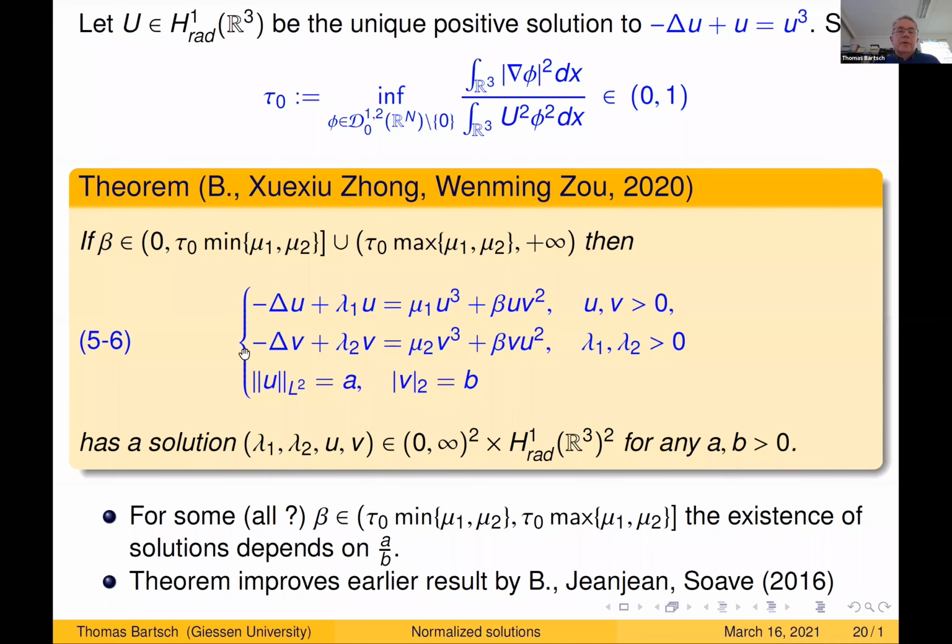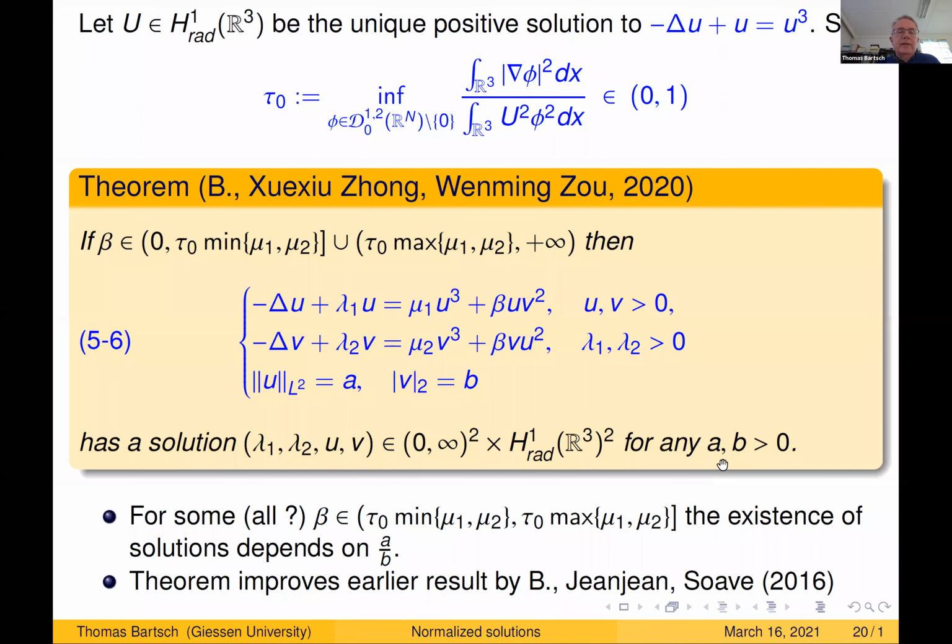And then we want to solve our problem with lambda 1 and lambda 2 now being part of the problem, but the L2 norm of U and the L2 norm of V being prescribed. And the result says if beta lies either in this interval or in this interval, then this has a solution for any A, B positive.